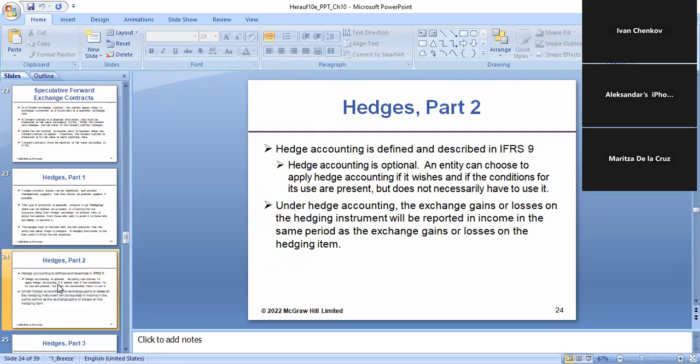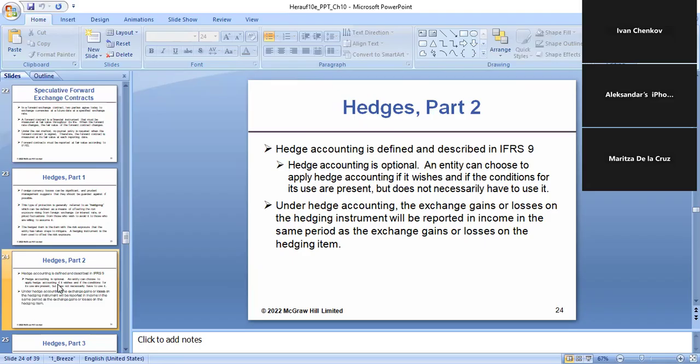Now, the hedge accounting. Since we have the hedge item and a hedge instrument, we have to have somehow hedge accounting. Hedge accounting is described in International Financial Reporting Standard 9. And the good thing is that hedge accounting is optional.